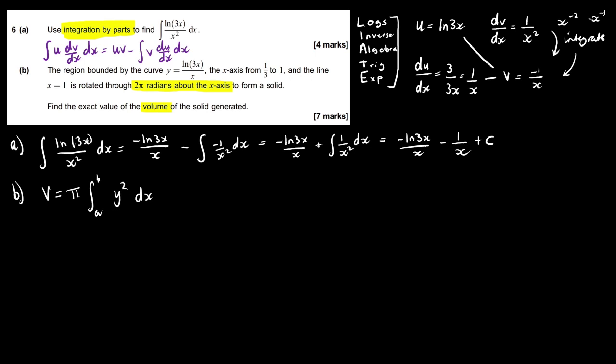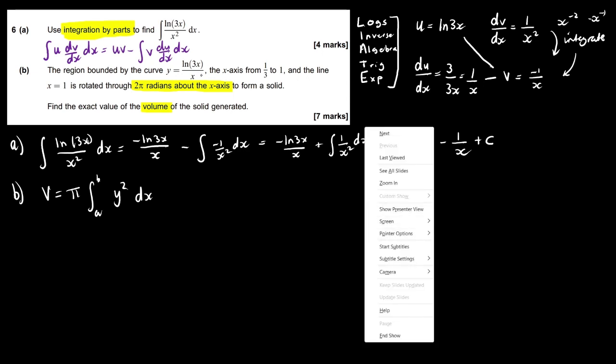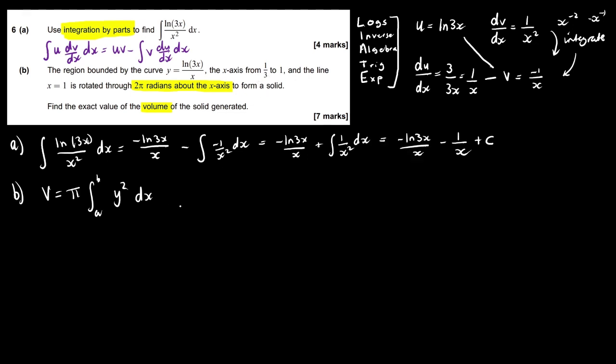We've got our formula for y, and we've got our limits from a third to 1. So we can now think about how we're going to put everything into this formula.